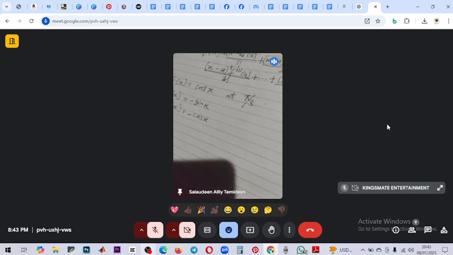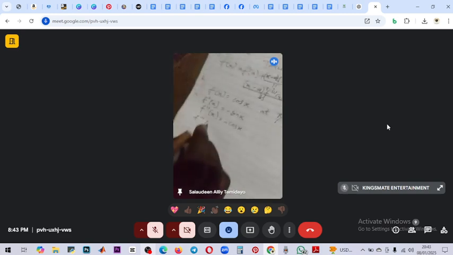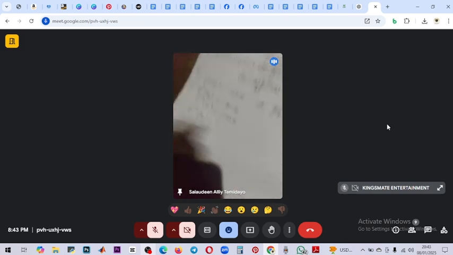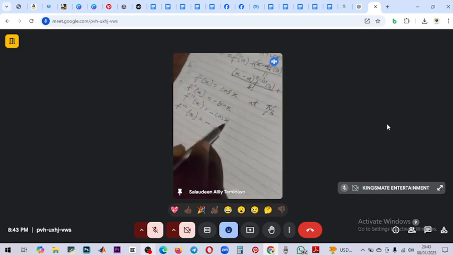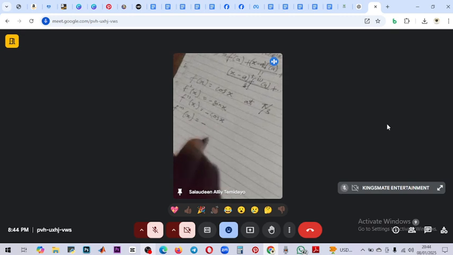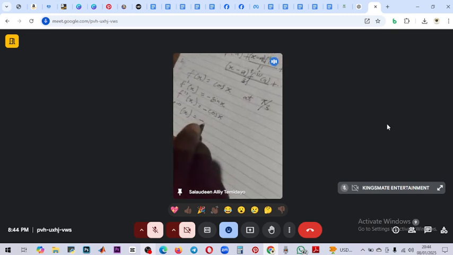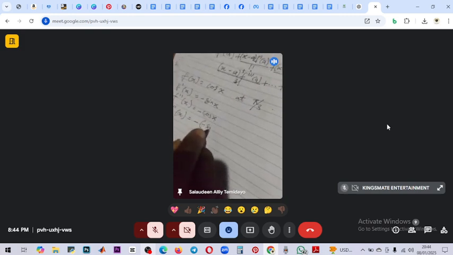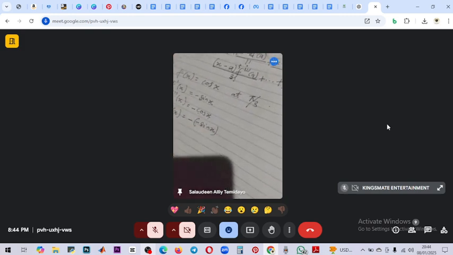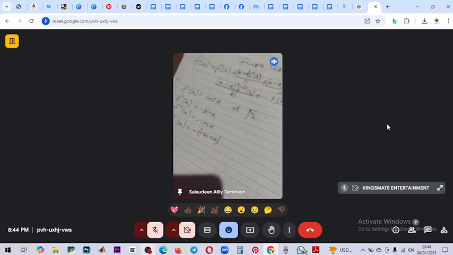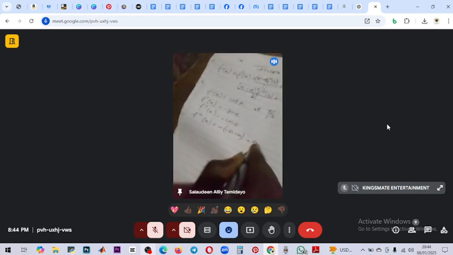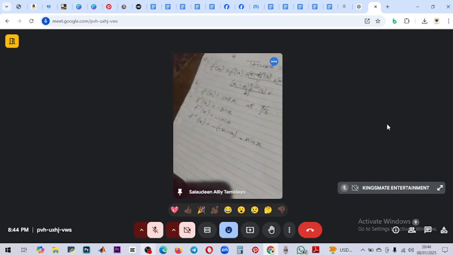Let's say we are expanding it to the third derivative. The minus is here already, and the derivative of cosine x, as we've seen, is minus sine x. So this becomes minus, minus sine x, and that gives us plus sine x.